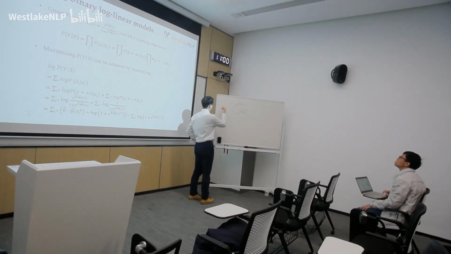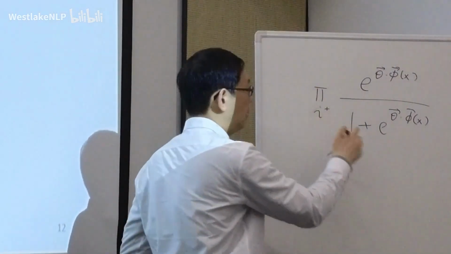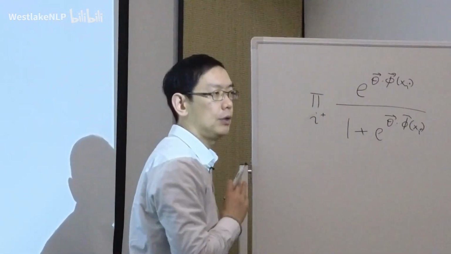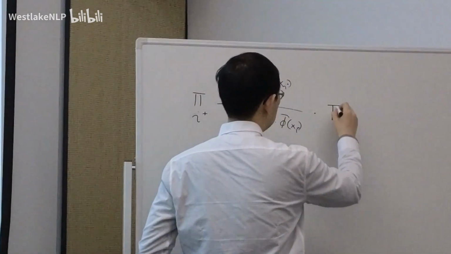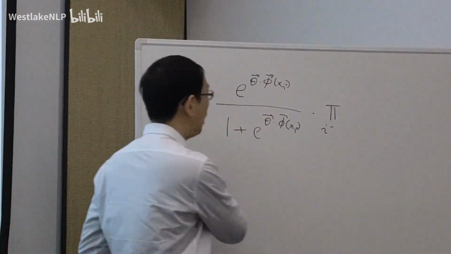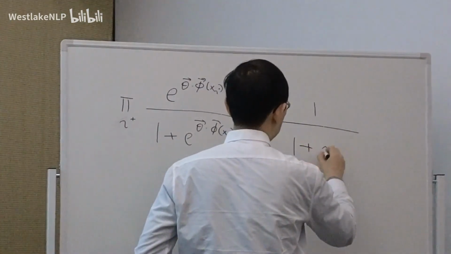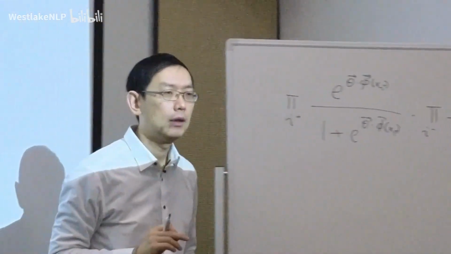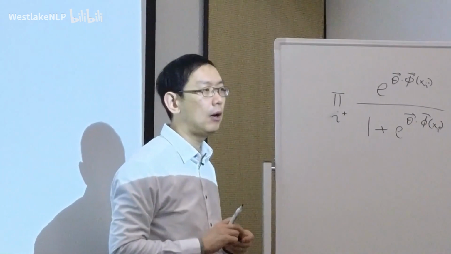We have the total likelihood as the product over i plus, where i plus are all the indexes for the positive examples, of their probabilities, times the product over i minus of the probabilities for the negative examples.